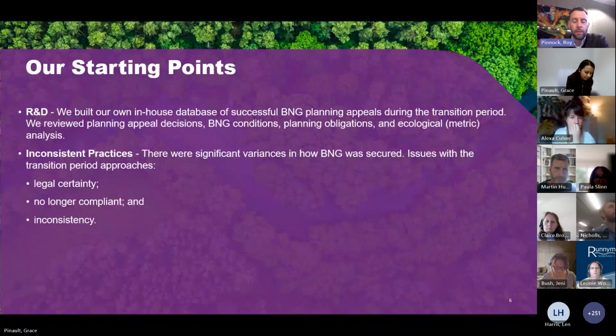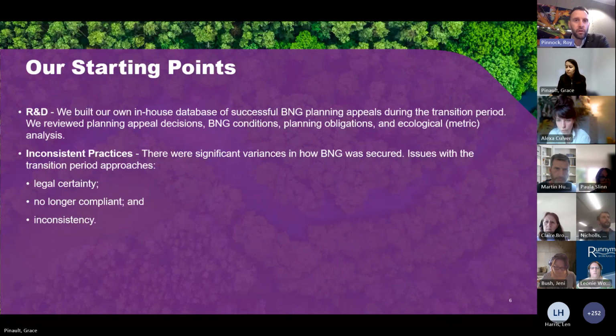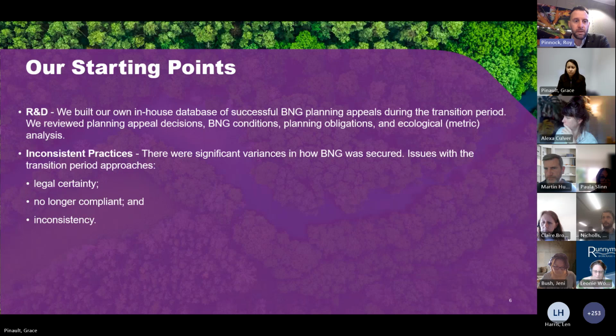Thank you. So I've talked a bit about that, but where we started from was, before we were asked to do the work by PAS, accumulating our own overview of what the market was doing insofar as we could: a bit on the habitat banks, a bit on what people were doing unilaterally on development projects, and how the planning inspectorate were dealing with things in planning appeals.